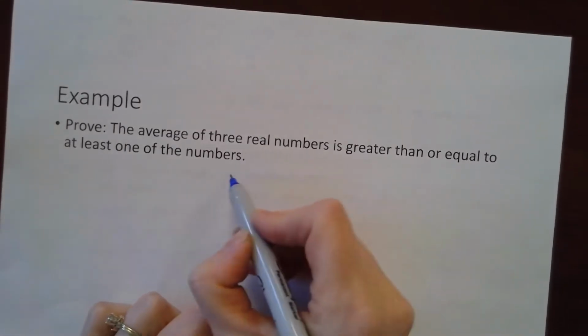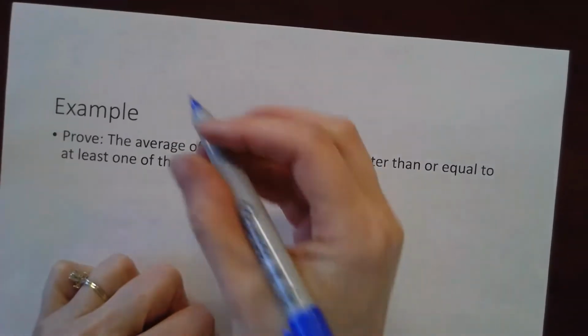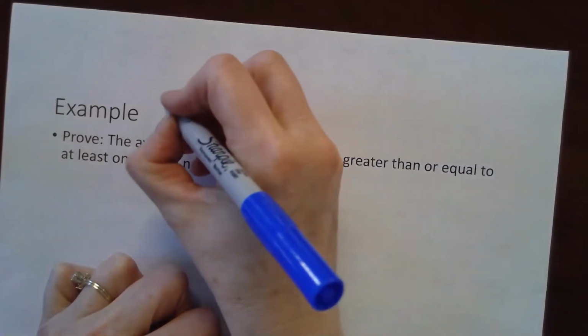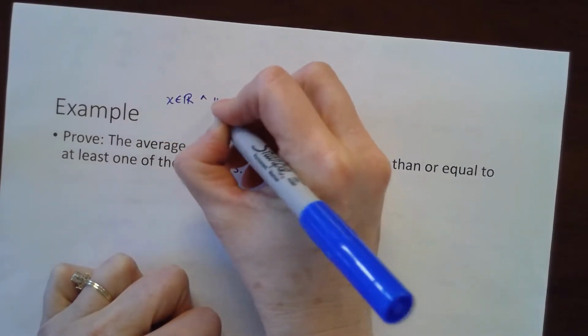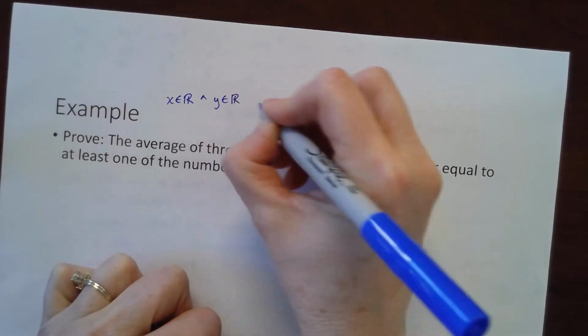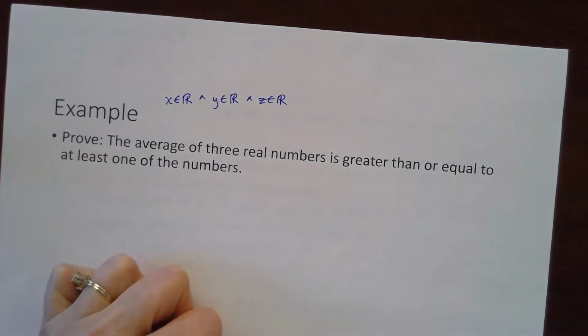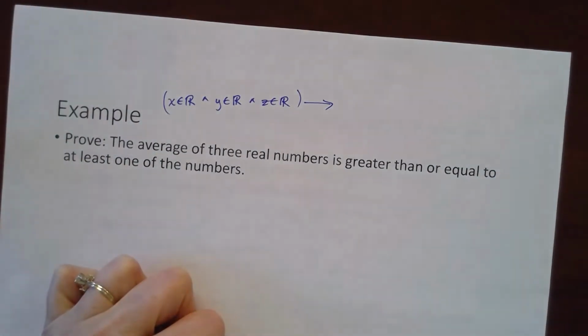Okay, so here we've got the average. We want to prove that the average of 3 real numbers is greater than or equal to at least one of the numbers. If I were to write this out, my hypothesis is simply that I have 3 real numbers. So I'll call them x is a real number, y is a real number, and z is a real number. If I have 3 real numbers, then what can I conclude?